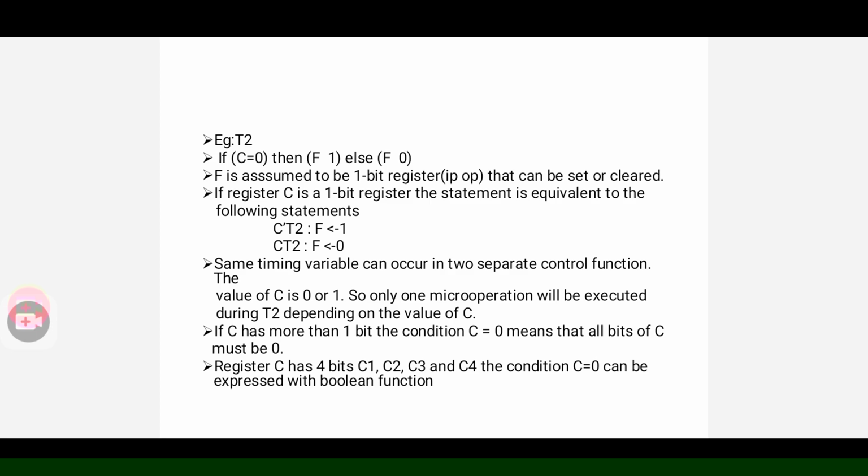That means at time t2, if C equal to 0, the value of F is 1. At time t2, if C equal to 1, then the value of F is 0. That is the meaning of this conditional control statement.